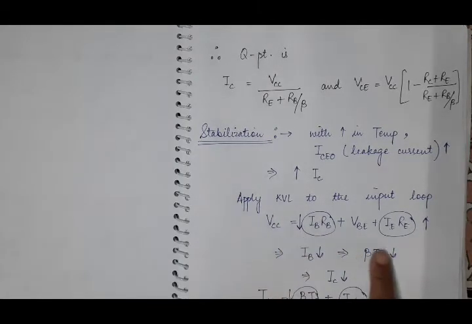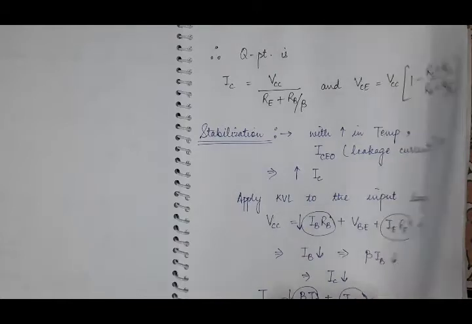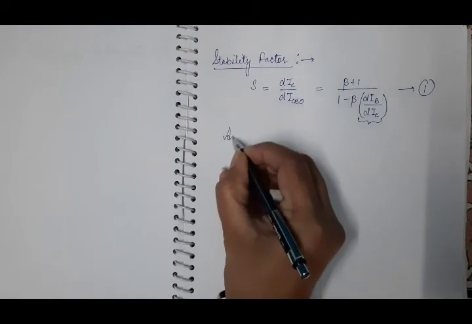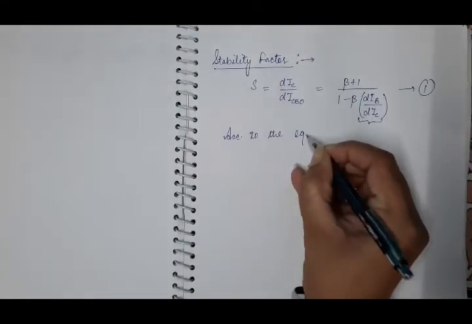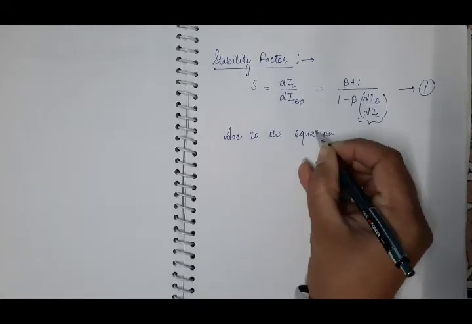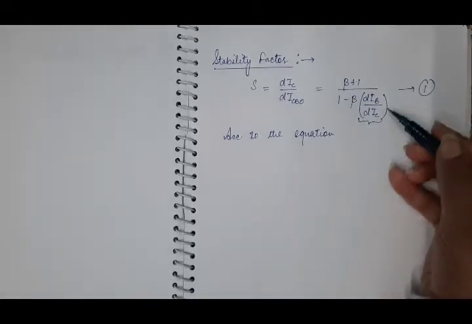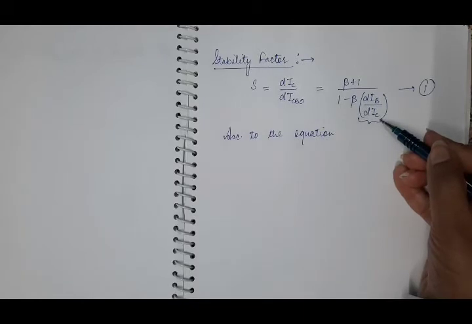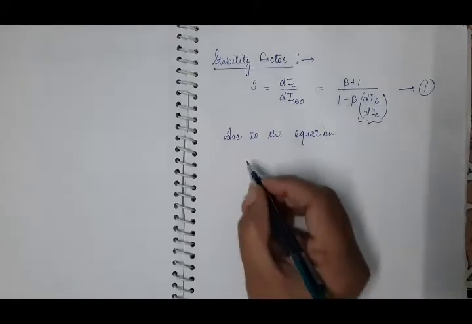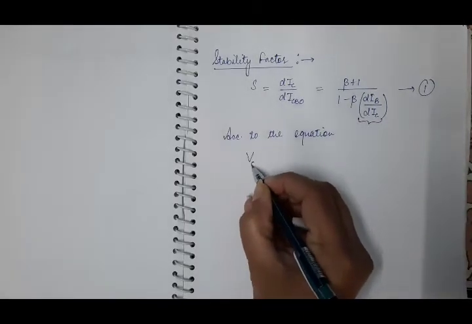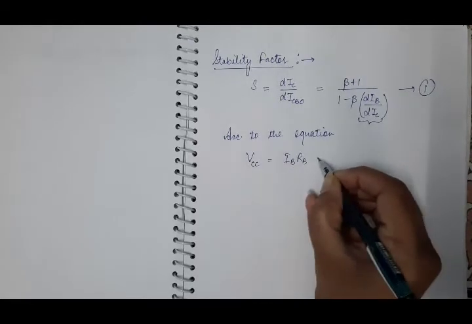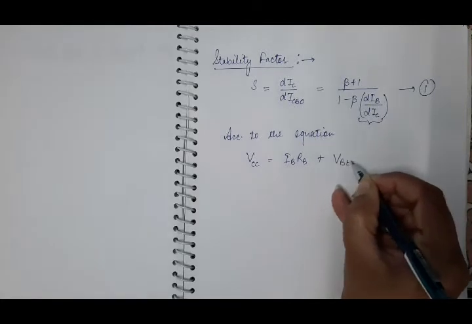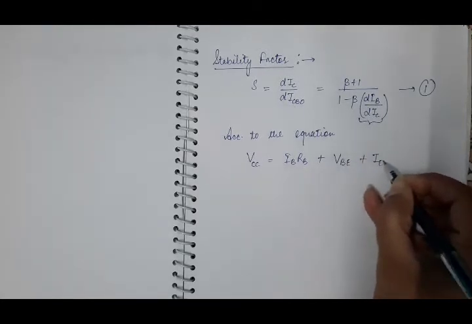This is the equation of input circuit when we have applied Kirchhoff voltage law to it. According to the equation, dIB by dIC will always be calculated from the equation of input circuit. We have VCC is equal to IBRB plus VBE plus IERE.